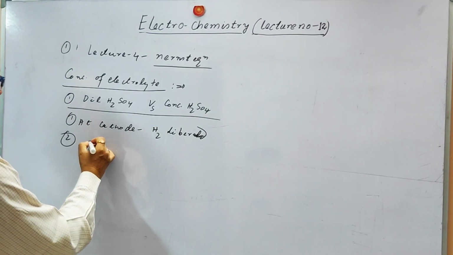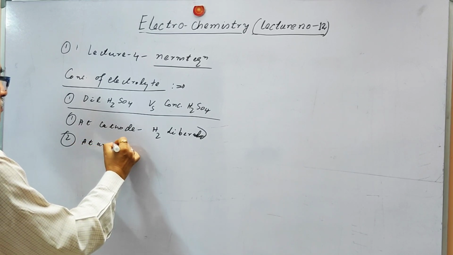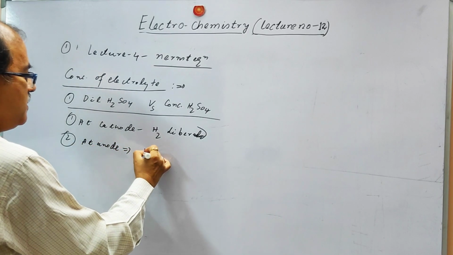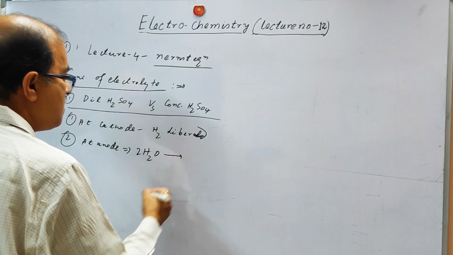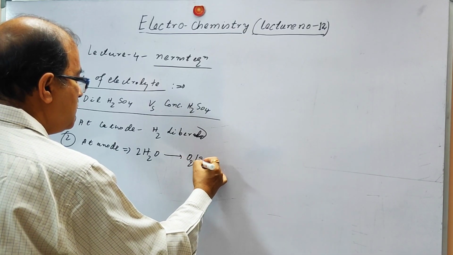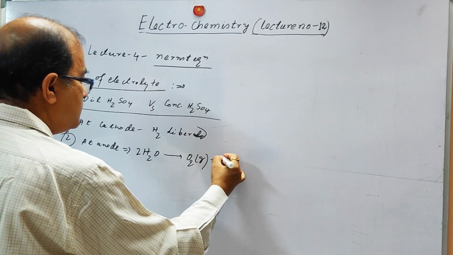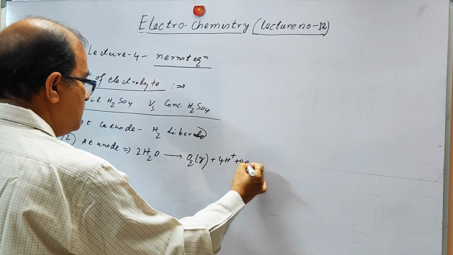At the anode, you can write H2O is oxidized and it will produce oxygen gas plus 4H plus plus 4e minus.